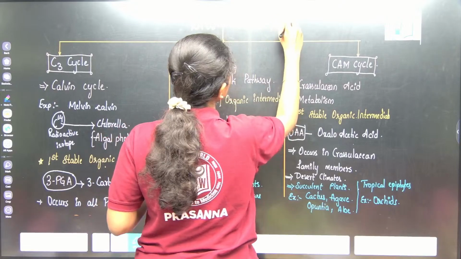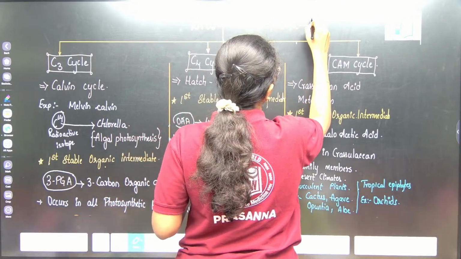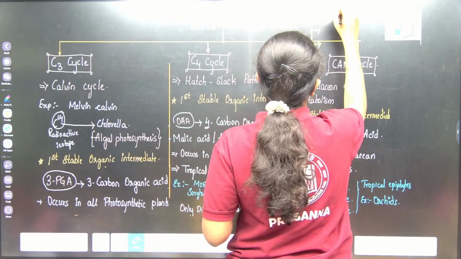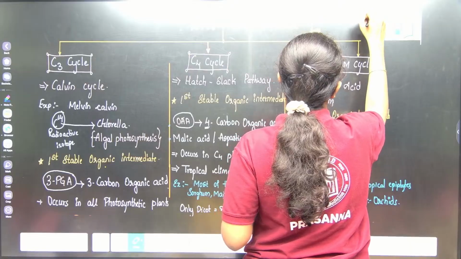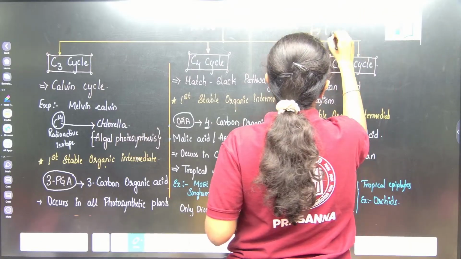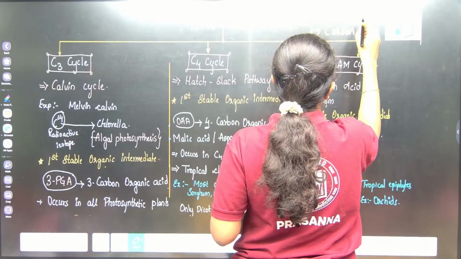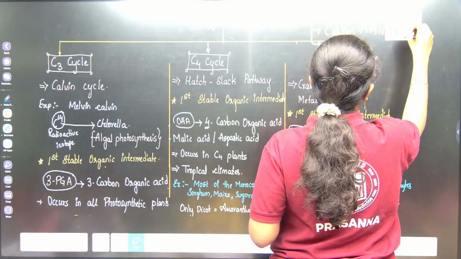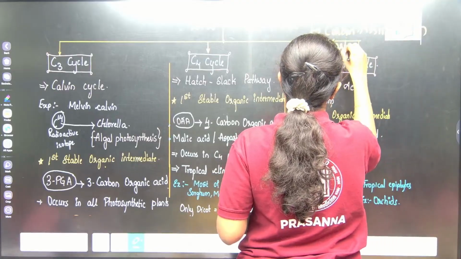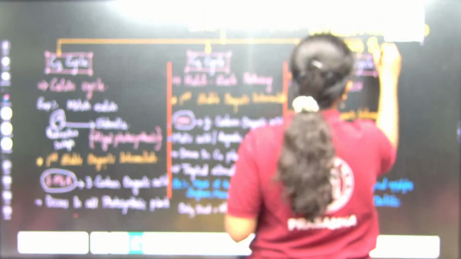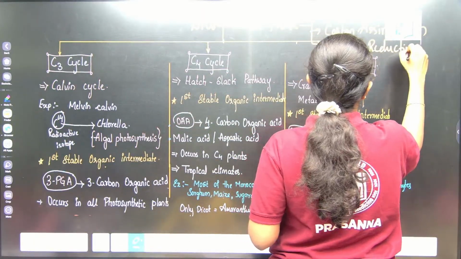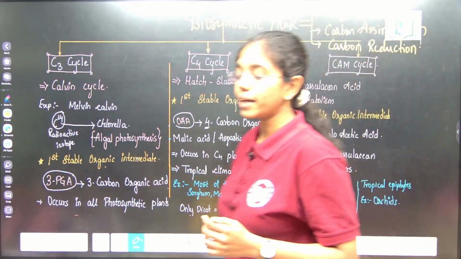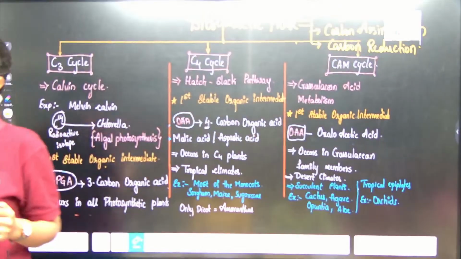What happens in this phase? Glucose formation, that is carbon dioxide fixation, carbon assimilation, carbon reduction, this occurs in biosynthetic phase, also addressed as light independent phase, also known as dark reactions.